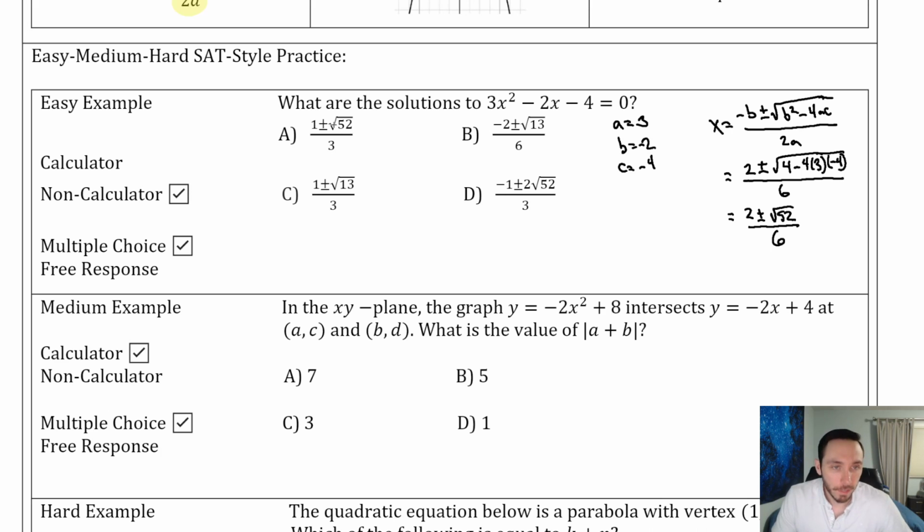We can see here that we have some options with those 52s in the radical. And then we have some options with 13s, which may suggest I have to simplify this radical. Can I break down the square root of 52? It sure is.